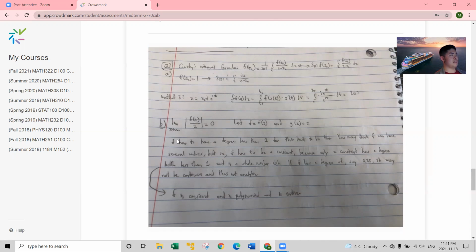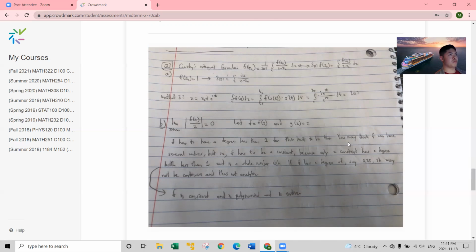I basically said that g of z has a degree of 1 as a polynomial. So if this limit goes to 0, then f has to have a degree of less than 1 for this limit to be 0. So it has to have a value of less than 1, but it could be 0.25, it could be 0, it could be negative 1.